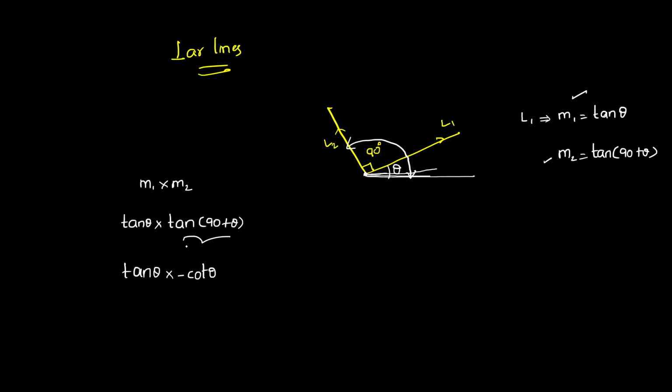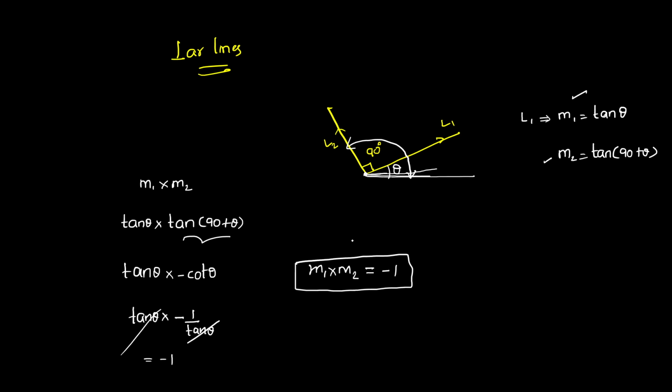Whenever 90 degrees or odd multiples of 90 are there, we need to apply the complementary function of tan theta, so it will be cot theta, and 90 plus theta is in the second quadrant, that's why it will be negative. So tan theta into negative cot theta can be written as minus 1 by tan theta times tan theta. Here tan theta gets cancelled, and the answer is minus 1, and this is how we got the property m1 into m2 is equal to minus 1.